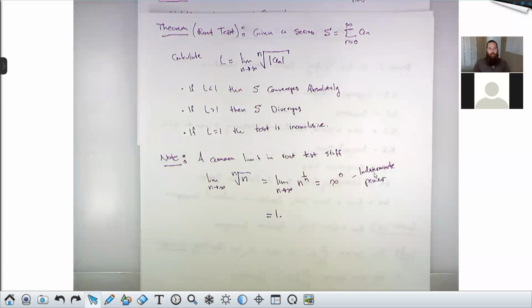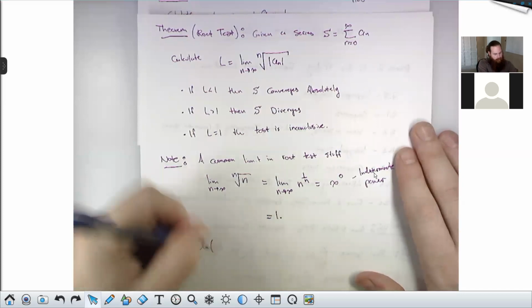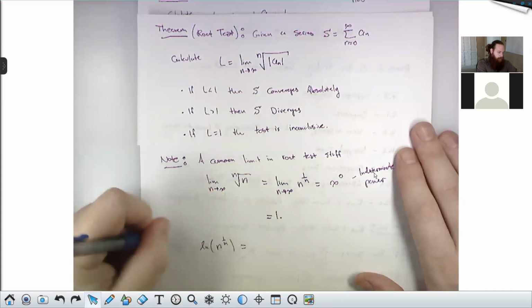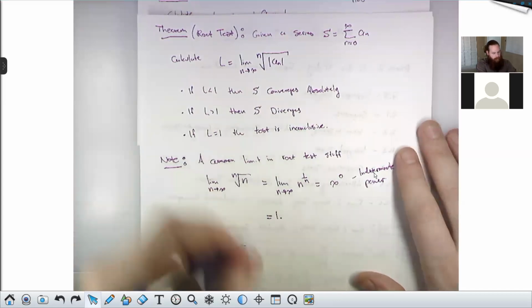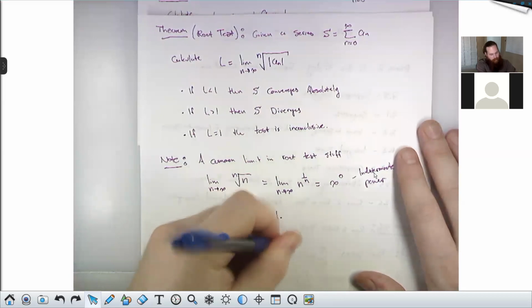So you don't want to go through the work every time you need this limit. You should go through it once. The way you do it is by taking natural logs. This is because the natural log of n to the 1 over n is 1 over n times the natural log of n.